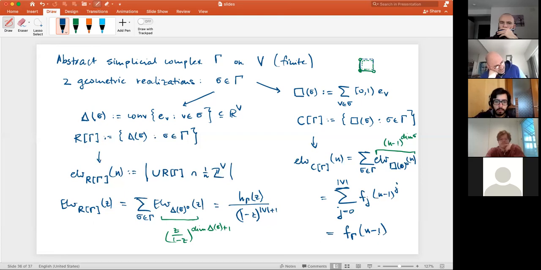Okay. So let's go back to the project. So there's a project on something called a spanning polytope. This is something I wanted to add to what I said in the beginning yesterday.